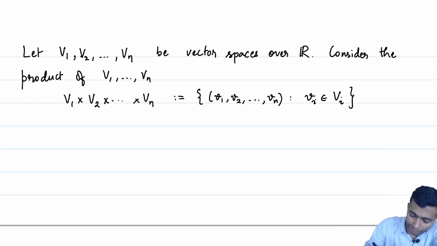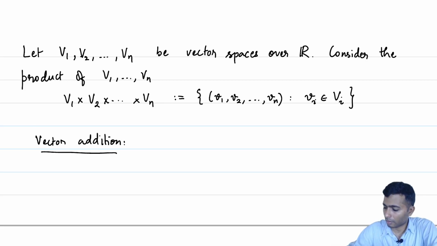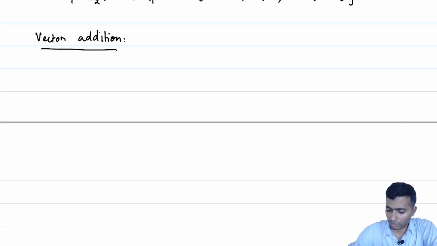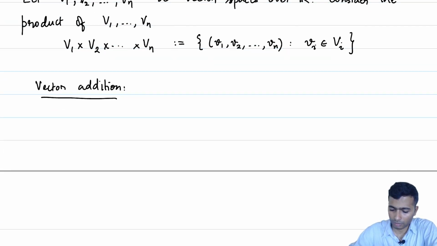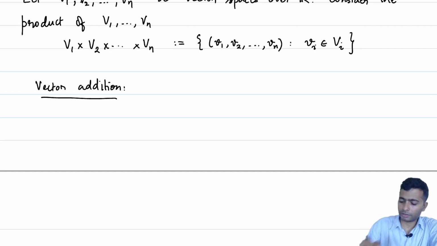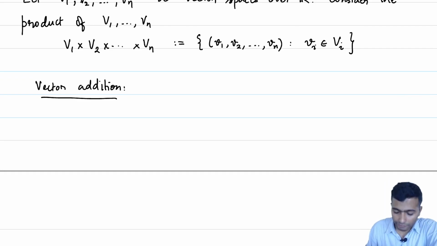Okay, so let us try to define the addition, vector addition. Let us take two arbitrary vectors.